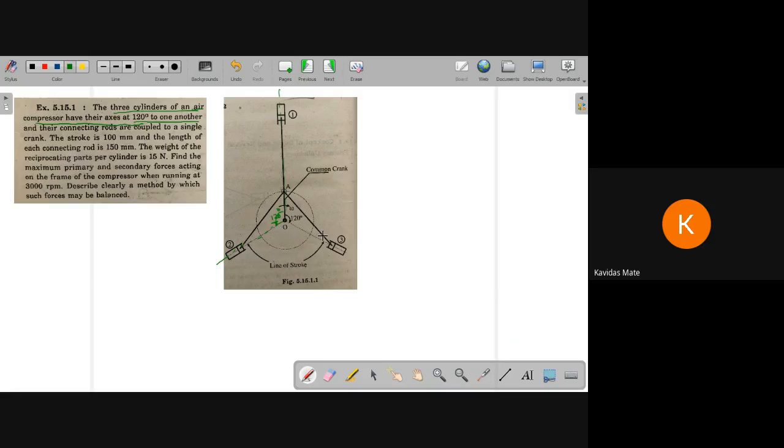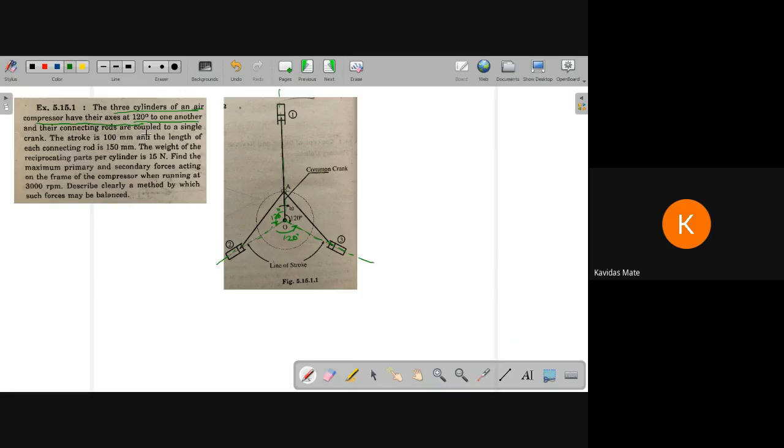And for the third, the piston is at position number 3, and the line of stroke is this particular green line. So the angle between 1 and 2 is 120, between 2 and 3 is 120, and between 3 and 1 is 120. That is what is given in this data.